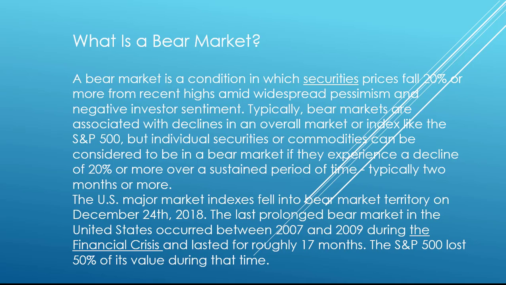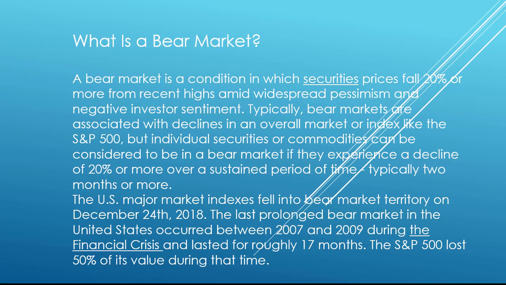The U.S. major market indexes fell into bear market territory on December 24, 2018. The last prolonged bear market in the United States occurred between 2007 and 2009, during the financial crisis, as we tend to call it, and lasted for roughly 17 months. The S&P 500 lost 50% of its value during that period of time.